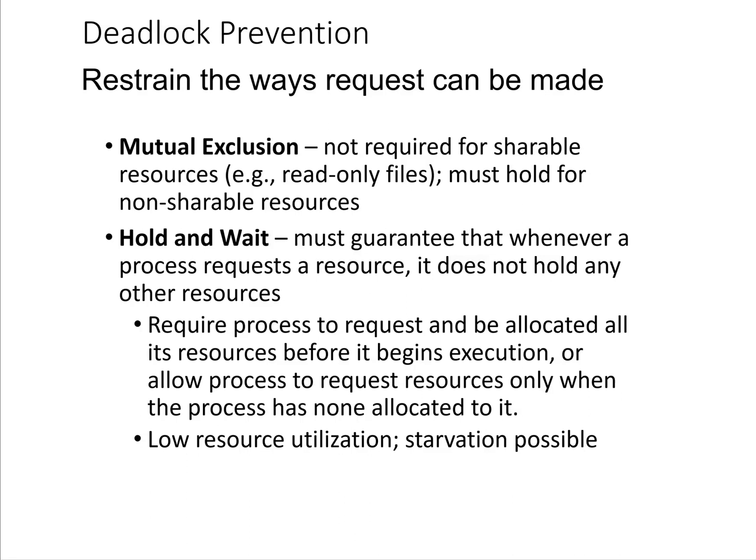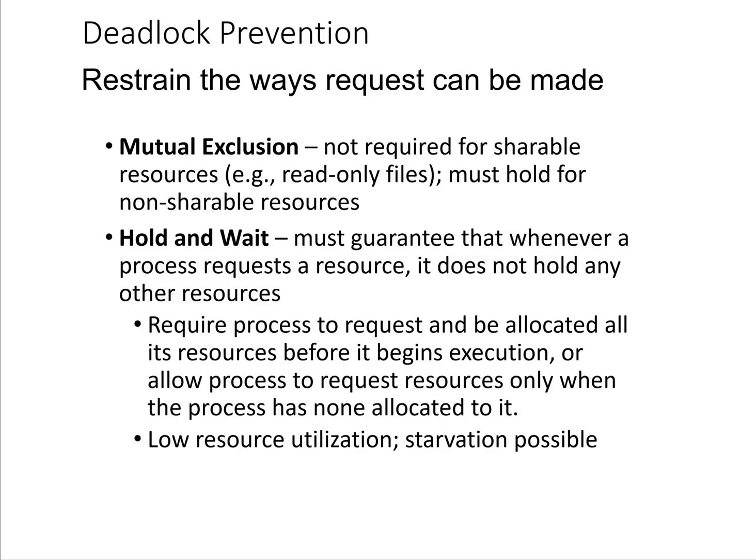Well, for mutual exclusion, it is not required for shareable resources, but it must hold for non-shareable resources. When we have hold and wait, we must guarantee that whenever a process requests a resource, it doesn't hold any other resources.